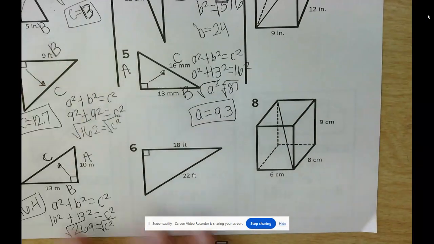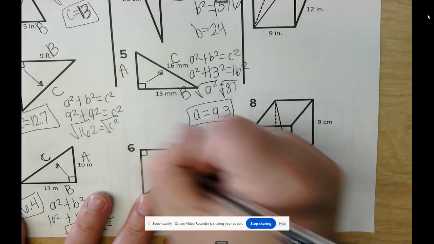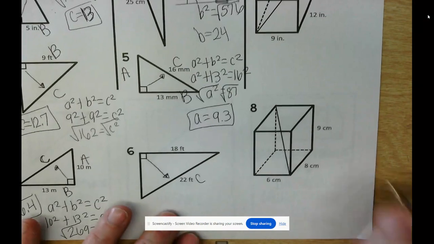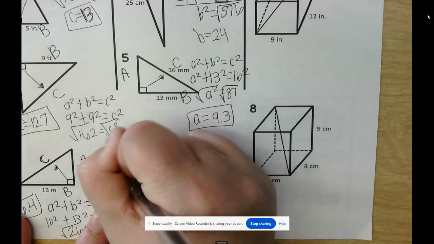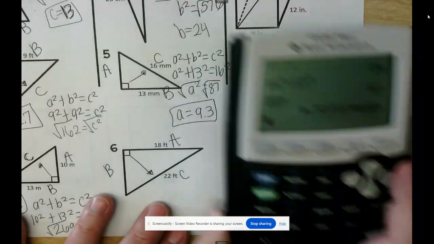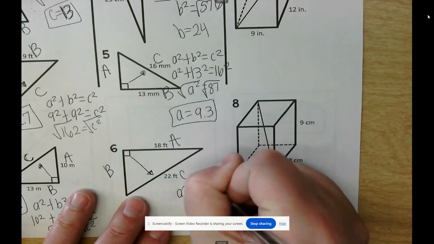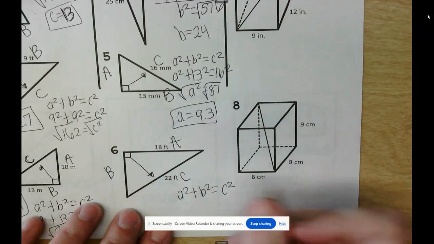And then the last one we're going to look at is number 6. So again, let's label A, B, and C. My C is my hypotenuse across from the 90-degree angle. And then we'll label A and B. Then we'll plug everything into our formula.